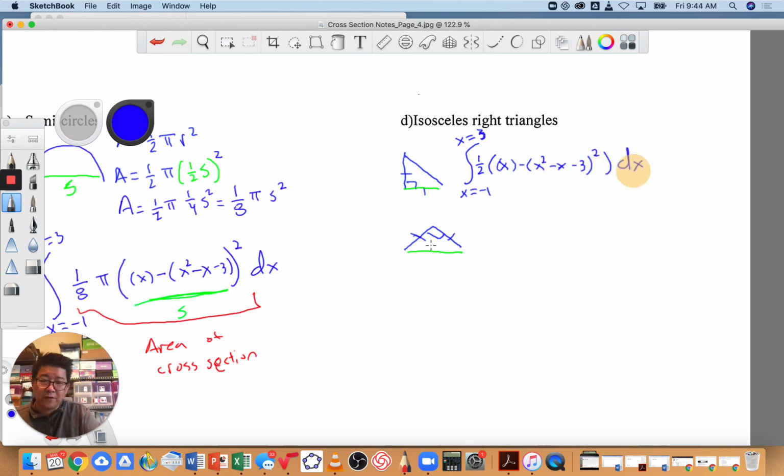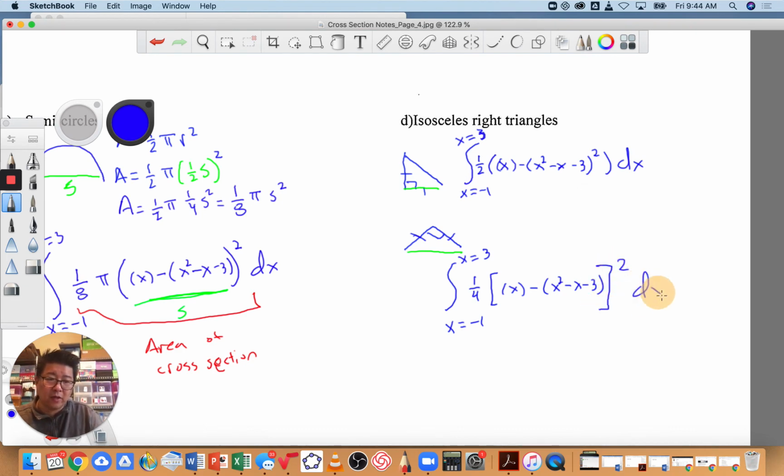And then for this one, where the hypotenuse of the isosceles triangle is the base, s, the equation is a little bit different. x equals -1 to x equals 4. If I recall, I think it's like 1/4 s squared. So remember, s is x minus x squared minus x minus 3, bracket squared. Very important.